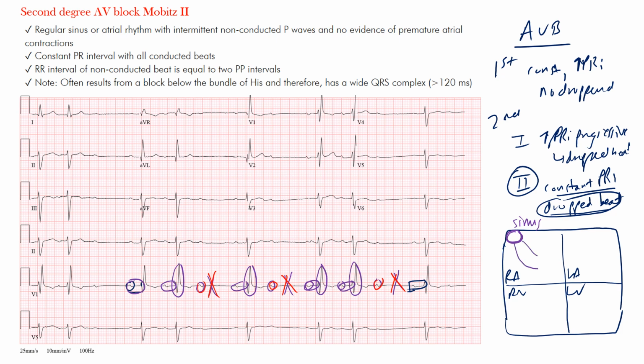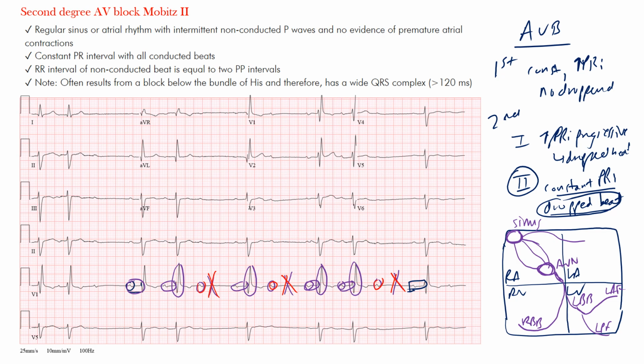We have these internodal pathways that come to the AV node. We have a Bachmann bundle that comes to the left atrium. The His bundle subdivides into a right bundle branch and a left bundle branch. Remember, the left has two fascicles, a left anterior and a left posterior fascicle. That's why you've probably heard of left posterior fascicular blocks or left anterior fascicular blocks, because those are individually blocked.